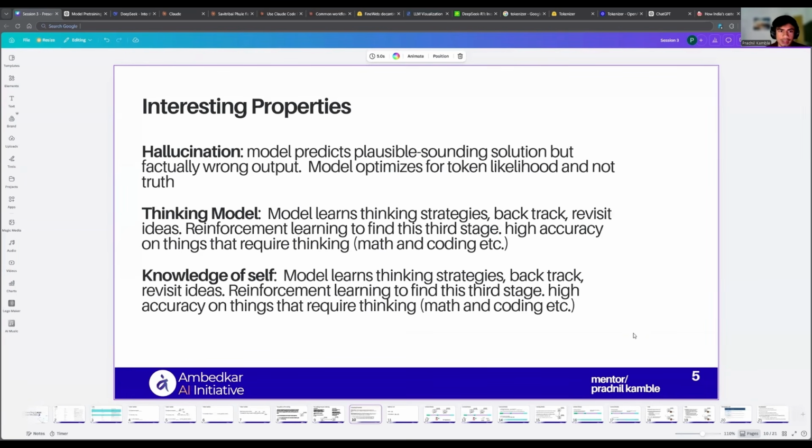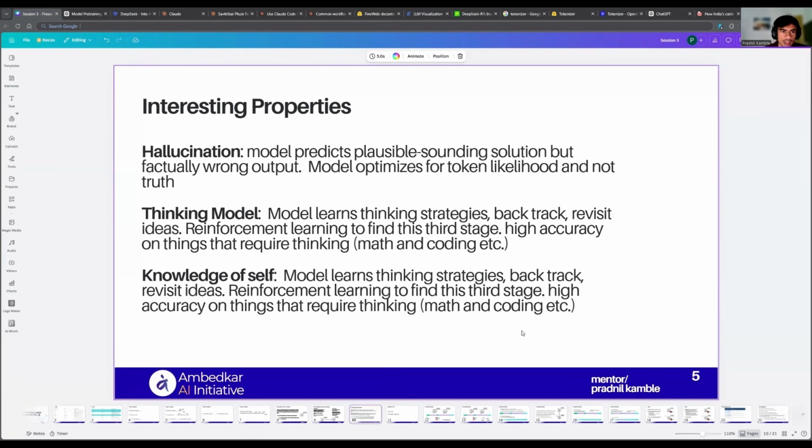Whenever we are training an LLM, like we talked about, the model is trying to predict the next word, and then we also use some fine tuning to make it an assistant. There are some new problems that emerge in the behavior of this model.